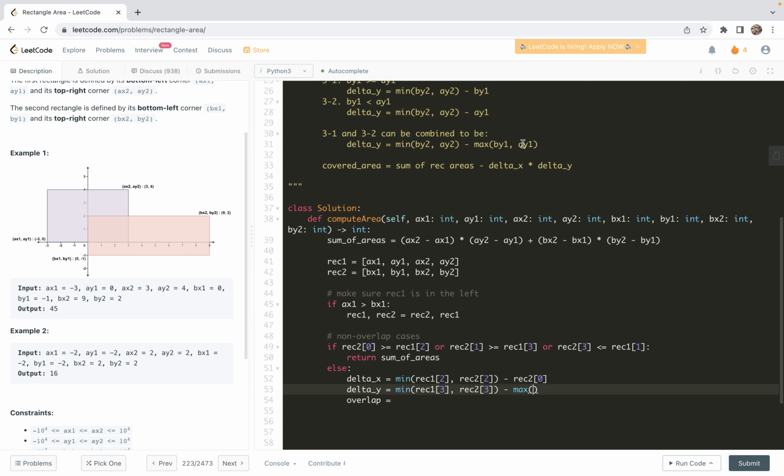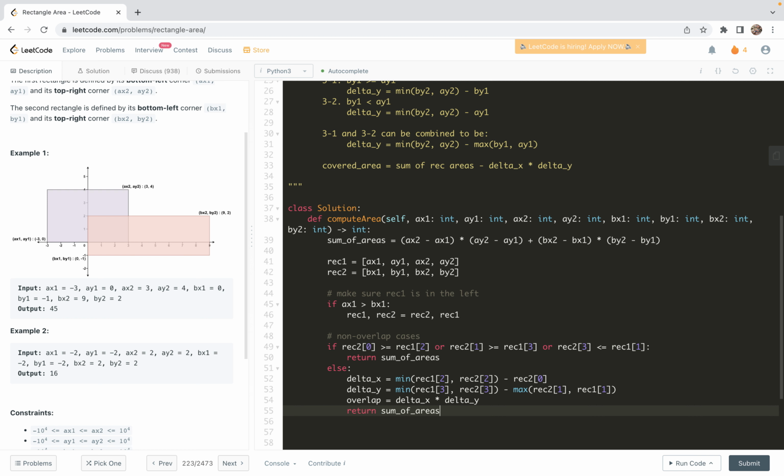That is the min of the upper y coordinates, rec1 index 3 and rec2 index 3, then minus the max of by1 and ay1, the second coordinates with index 1, rec2 index 1 and rec1 index 1. Then the overlap is nothing but delta x times delta y.